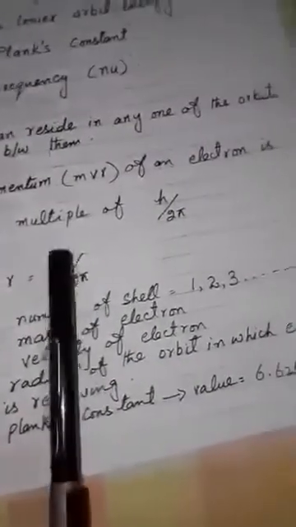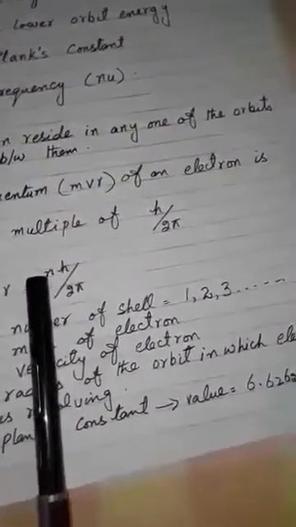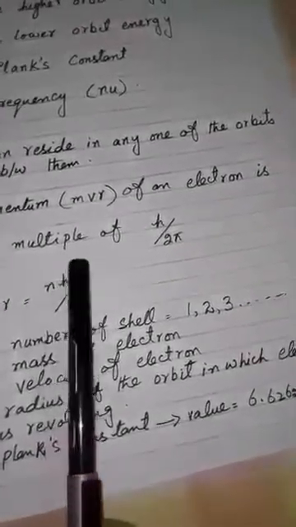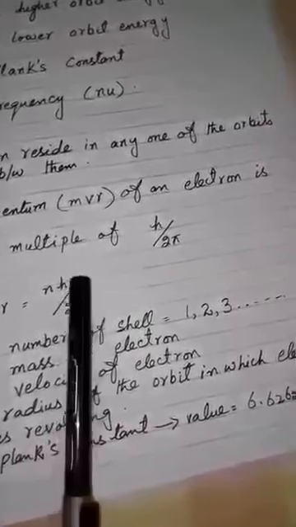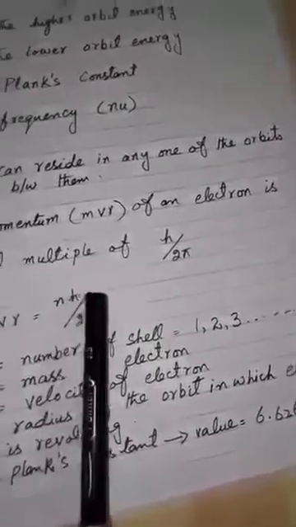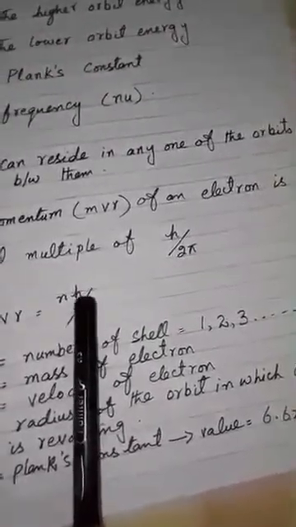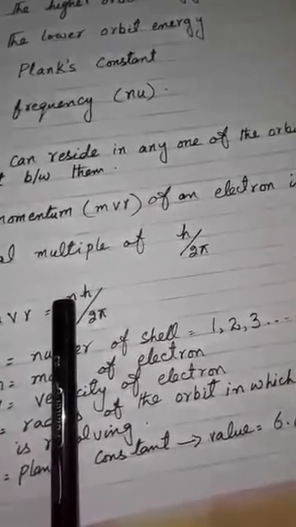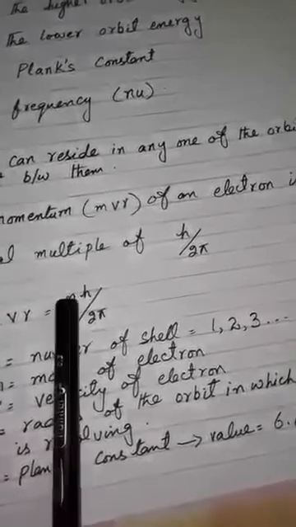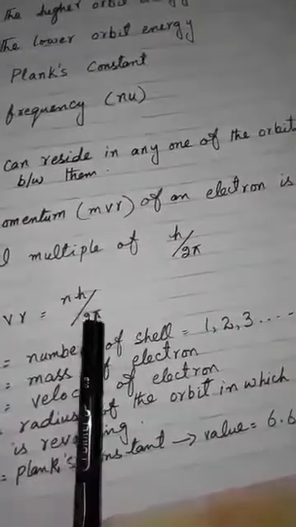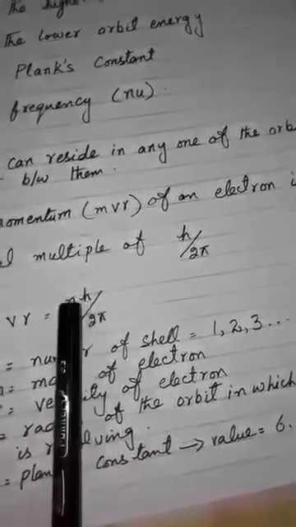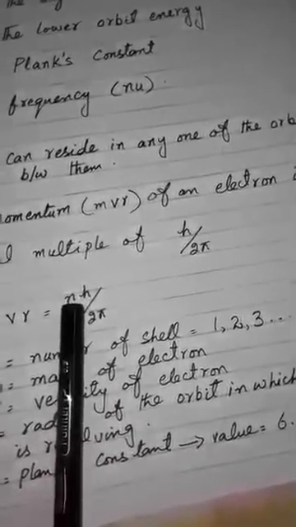So n represents the number of the shell. Say if it is the first shell, then we will multiply this whole structure with 1. If it is the second shell, then we will take the value of n as 2 multiplied by h by 2 pi, and certainly it will have higher value than that of the first shell electron.